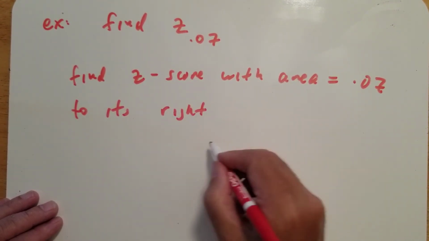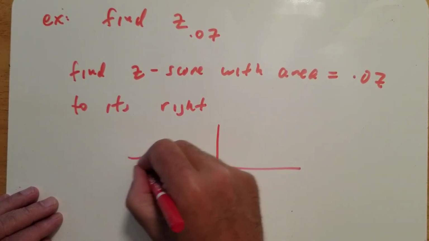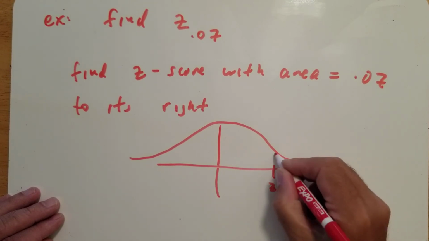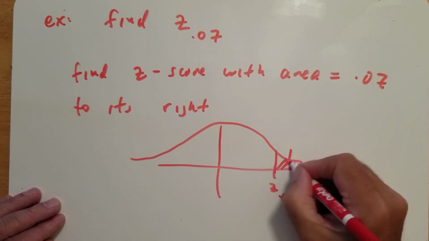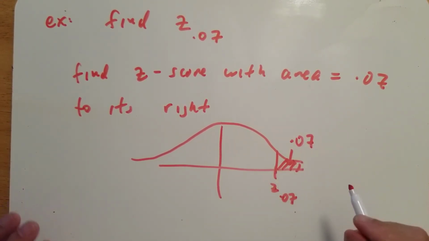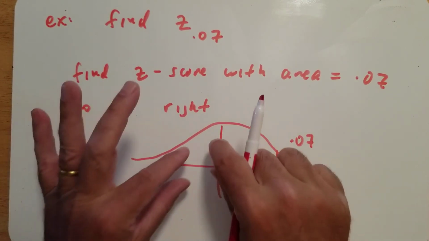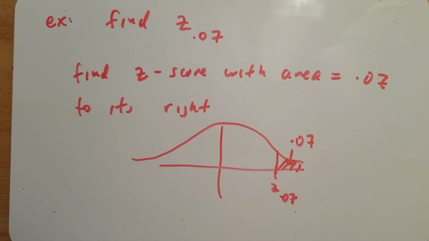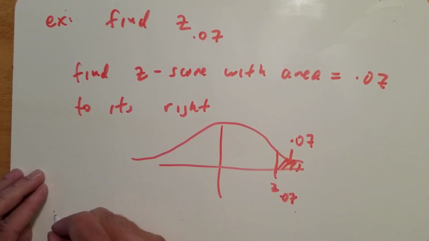And so the picture for this looks something like this. So here's the z.07. The 0.07 is that little piece of shaded area. Now the total area under this curve is equal to 1. So if I know the area to the right is 0.07, the area to the left is 1 minus 0.07.